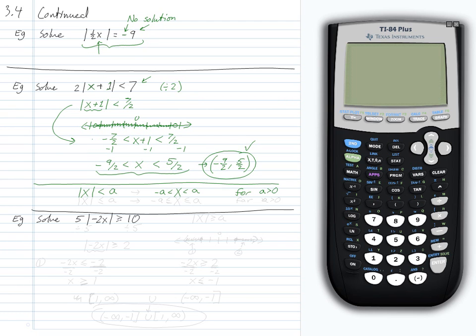And the same will hold for absolute value inequalities involving a non-strict inequality. So the absolute value of an expression is less than or equal to a means that negative a is a lower bound and a is an upper bound whenever a is greater than 0.